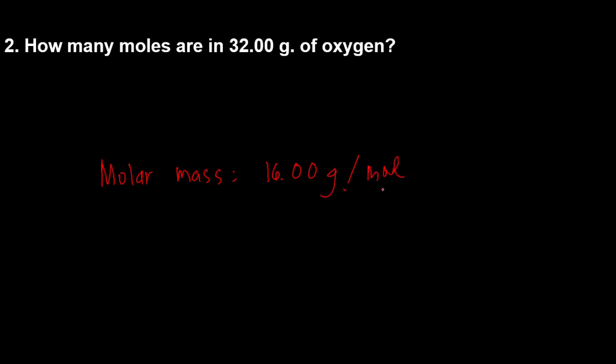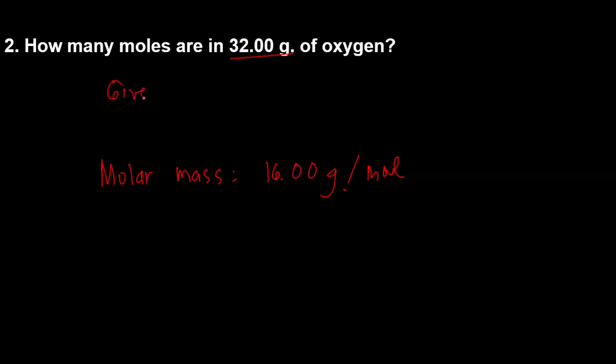Per 1 mole of oxygen, the mass is 16 grams. So again, 1 mole of oxygen is 16 grams, and here the given is 32 grams. How many moles do you think are in this mass? It's double, so it's approximately 2 moles of oxygen.